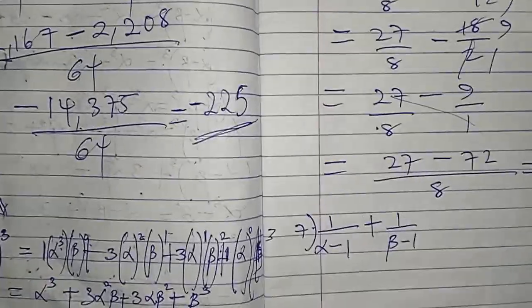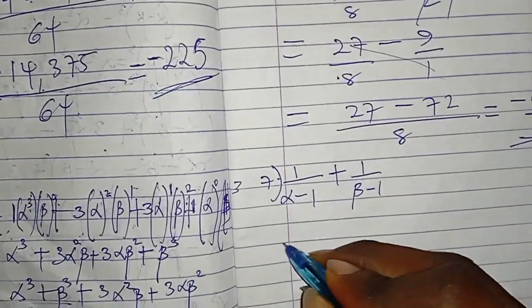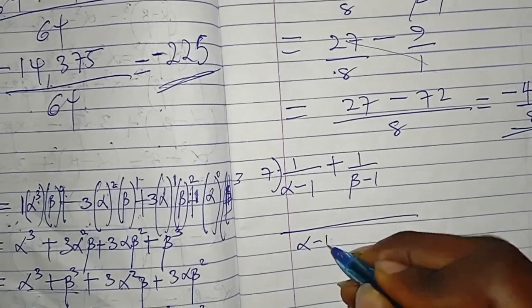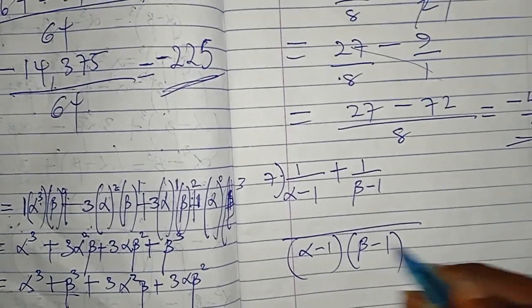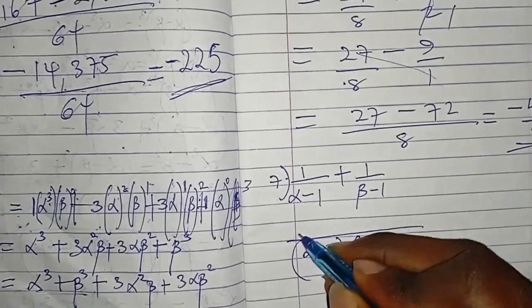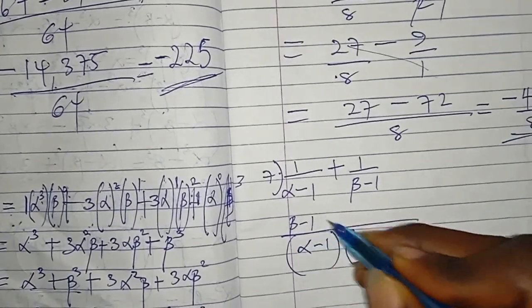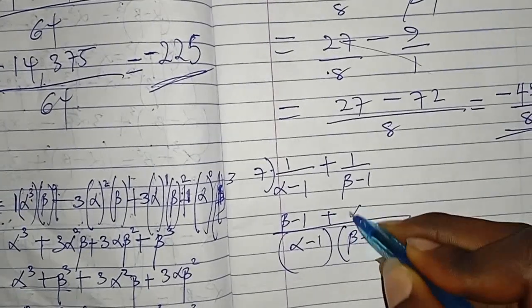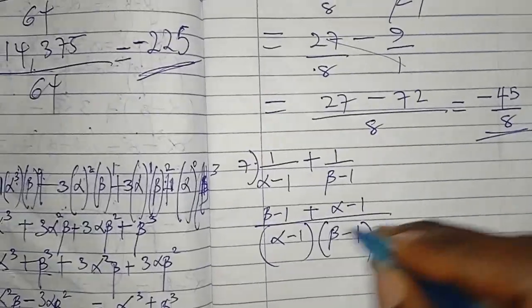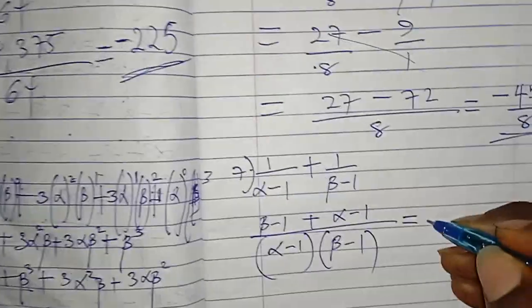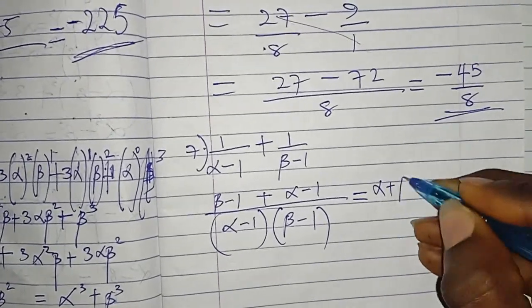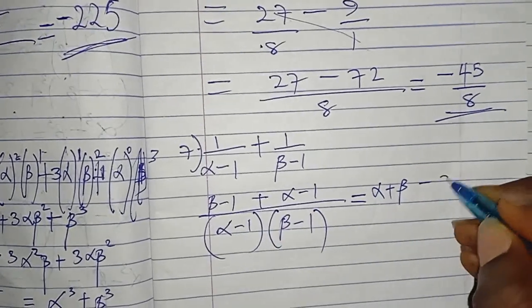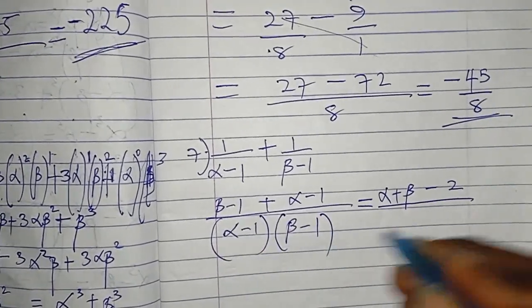Let me write it, I have number 7. So finding the LCM, this is alpha minus 1, beta minus 1. You carry this and come here. You have beta minus 1 plus alpha minus 1. So you very well see that this is the same thing as saying alpha plus beta minus 2 all over.